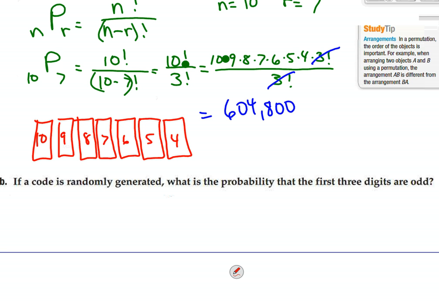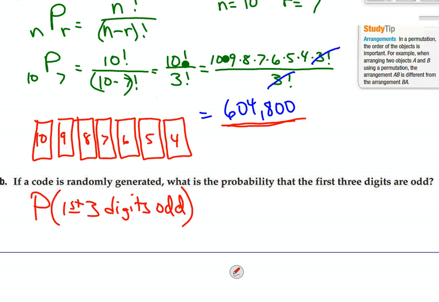So then the next thing asks that if the code is randomly generated, what is the probability that the first 3 digits are odd? So we're going to say this is the probability that the first 3 digits are odd as we look at that. Now, I just want to say that above here, this is the total number of outcomes, right?